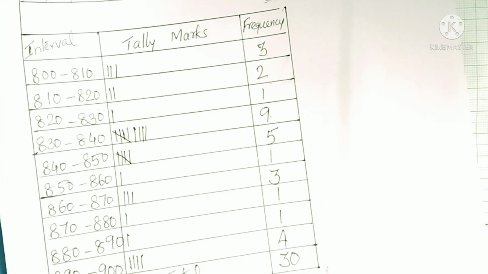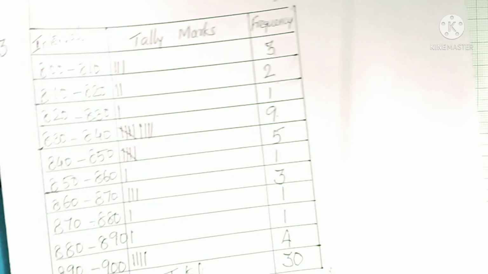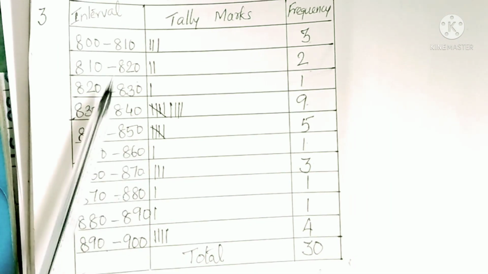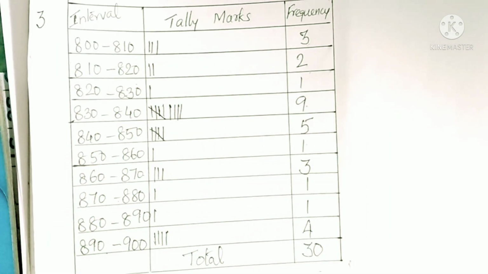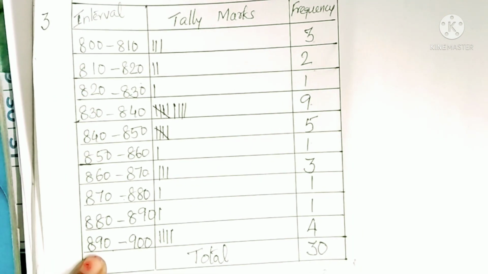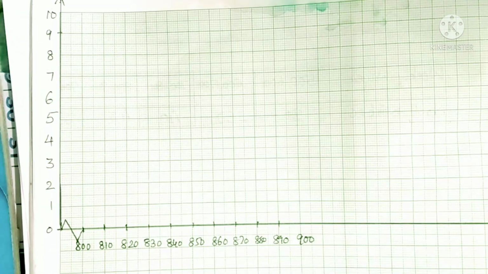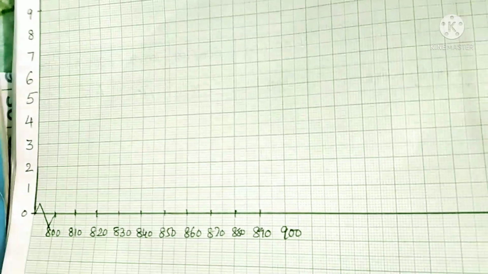Now the next question is, draw a histogram for the frequency table made for the data in question number 3. That means using this table we need to draw a histogram. So for that, on x axis we will mark all this, and on y axis we need to mark this. Okay, so let us see that.